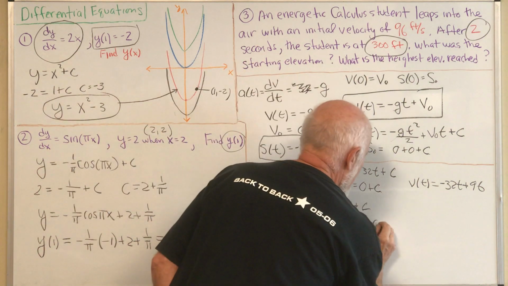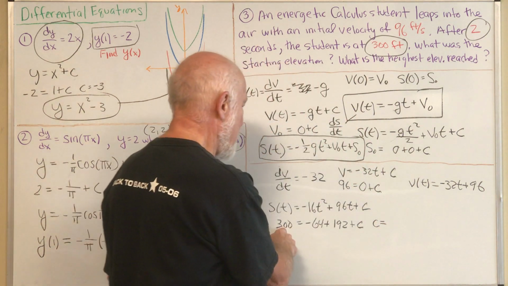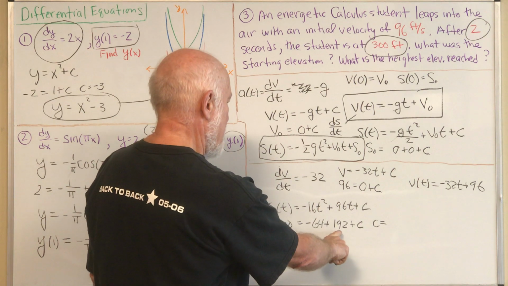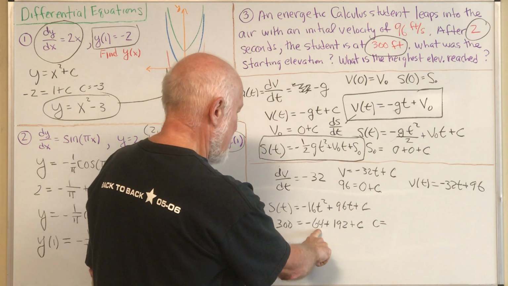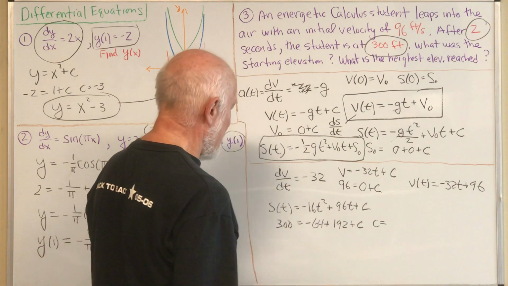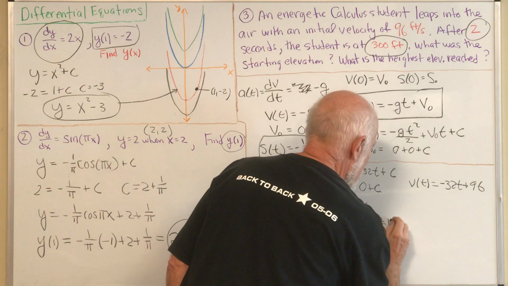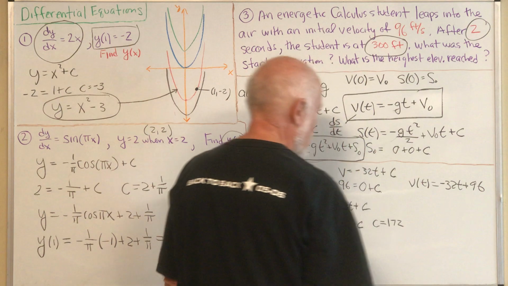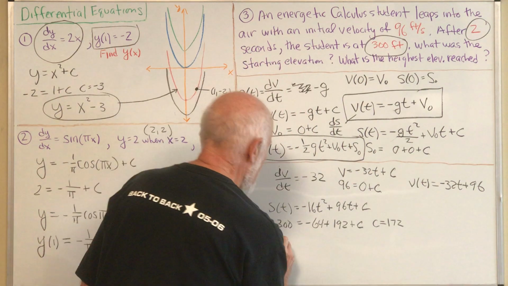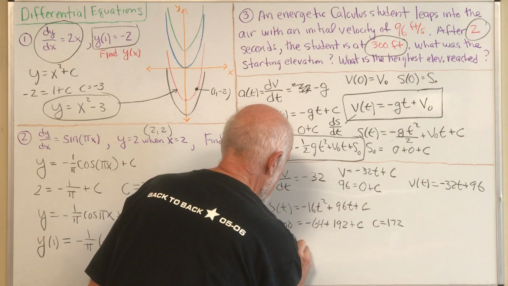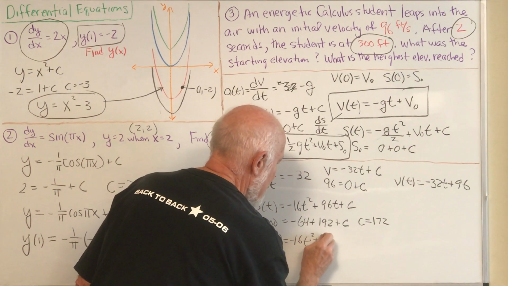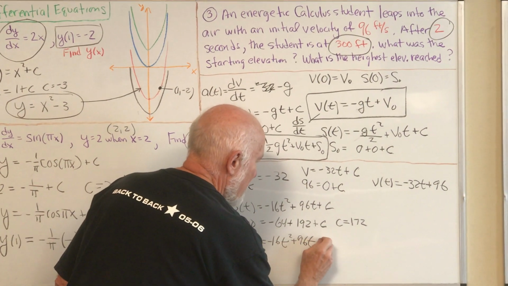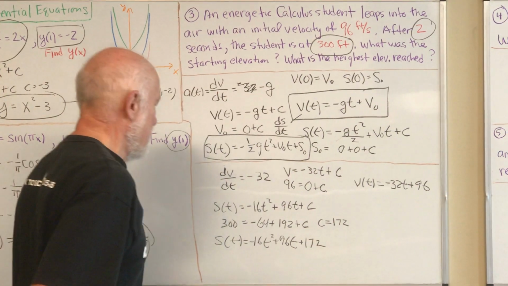And then if you solve for c, it's 300 minus 192 plus 64, c turns out to be 172. So now we know the position equation is negative 16t squared plus 96t plus 172.